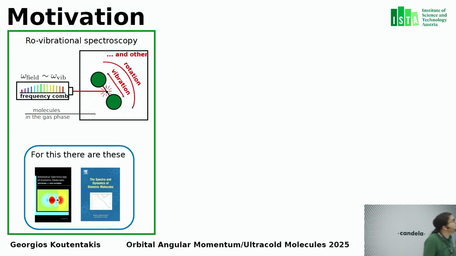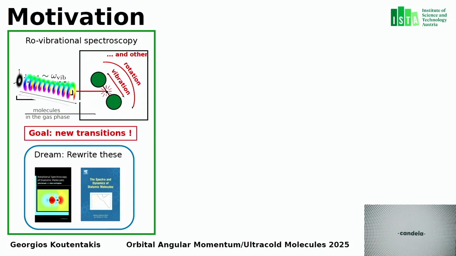So the reason is that it's well known that if you have a gas of molecules, and on this you shine some kind of laser in the mid-infrared, you actually excite a lot of rotations and vibrations, and there are already books that write how things work.